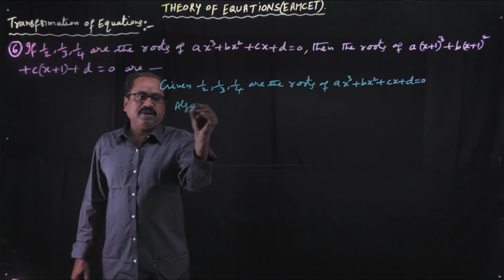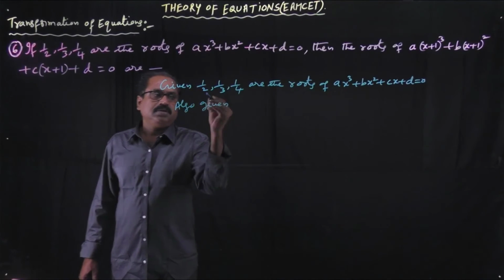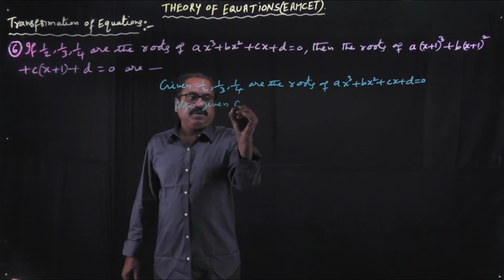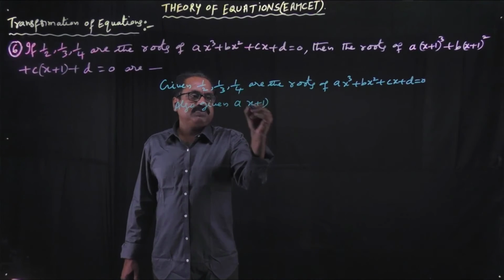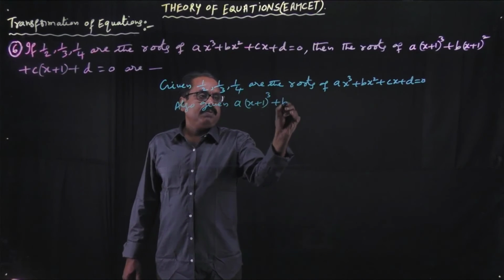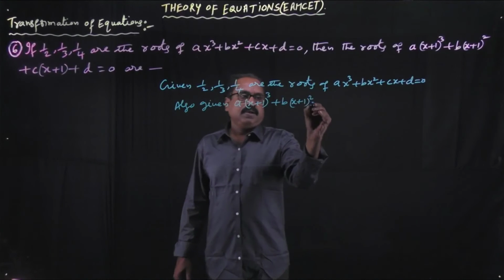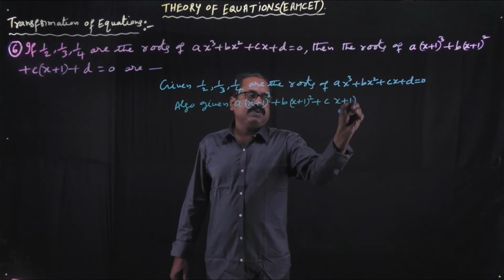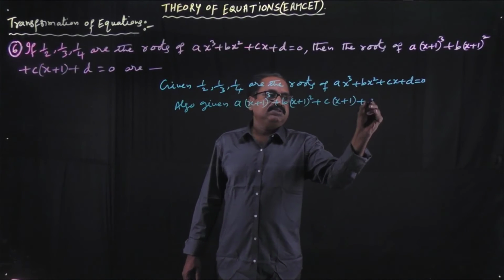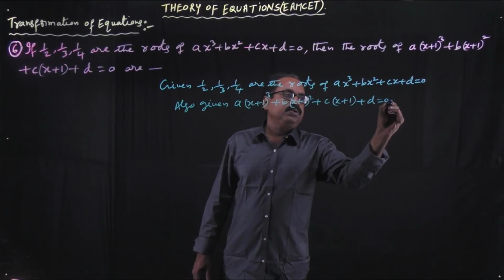Also given a into x plus 1 whole cube plus b into x plus 1 whole square plus c into x plus 1 plus d is equal to 0.